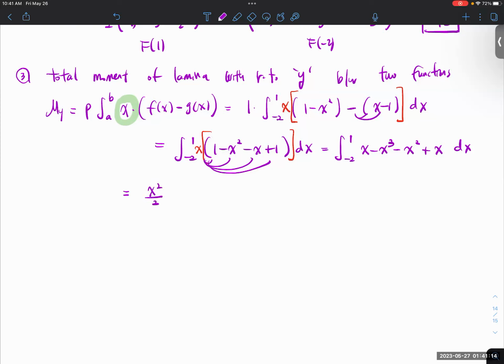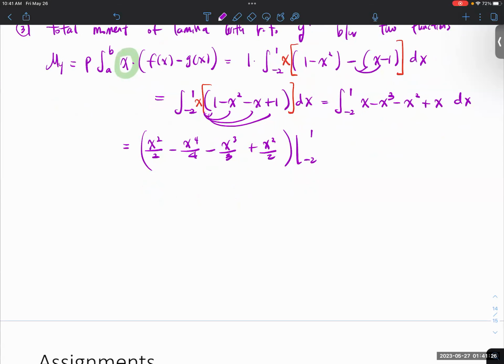x squared over 2, x to the 4 over 4, x cubed over 3, x squared over 2, from -2 to 1. Awesome, we are doing a good job. And then subtract: 1/2, 1/4, 1/3 when x equals 1. This one minus the complicated one when you subtract the negative 2 part.